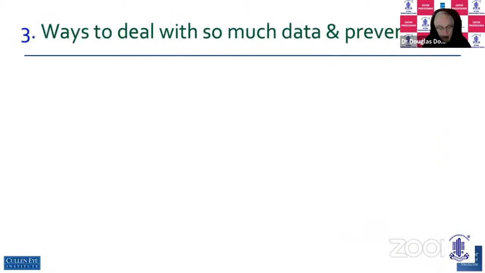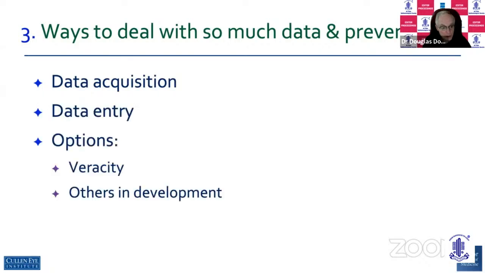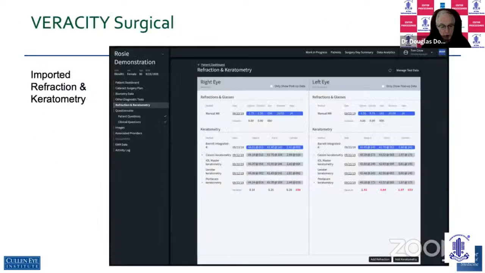I think we're really going to need a way to deal with so much data and prevent errors. We're overwhelmed with data. The point was made that there's a sort of diminishing returns about one measurement after another. With so much data that we're acquiring, all the data entry, we need things to automate it. And I think programs like Veracity and others that are in development are going to be really important for us going forward.